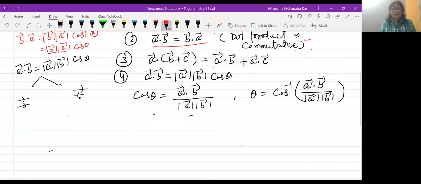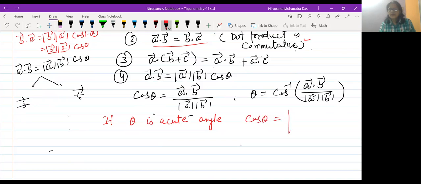So if theta is an acute angle between A and B, then we can write cos theta as the magnitude of A dot B divided by magnitude of A into magnitude of B, just to avoid that negative sign.